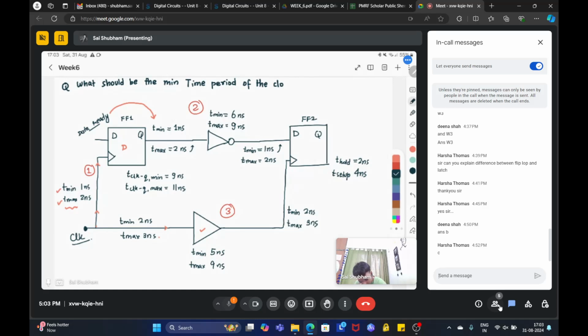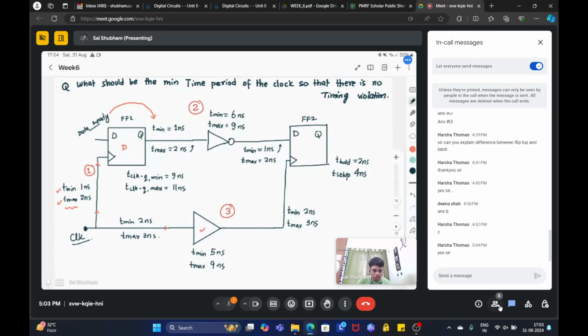By hazard, I mean there is no timing violation. I will give you a little hint about what a timing violation is. Is everybody fine with me giving you this question? This is slightly different.